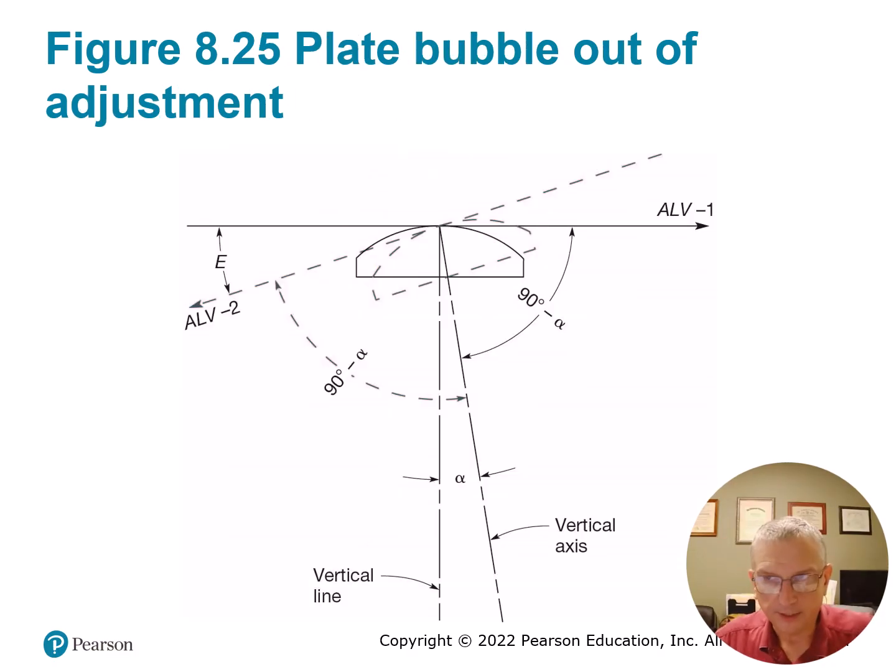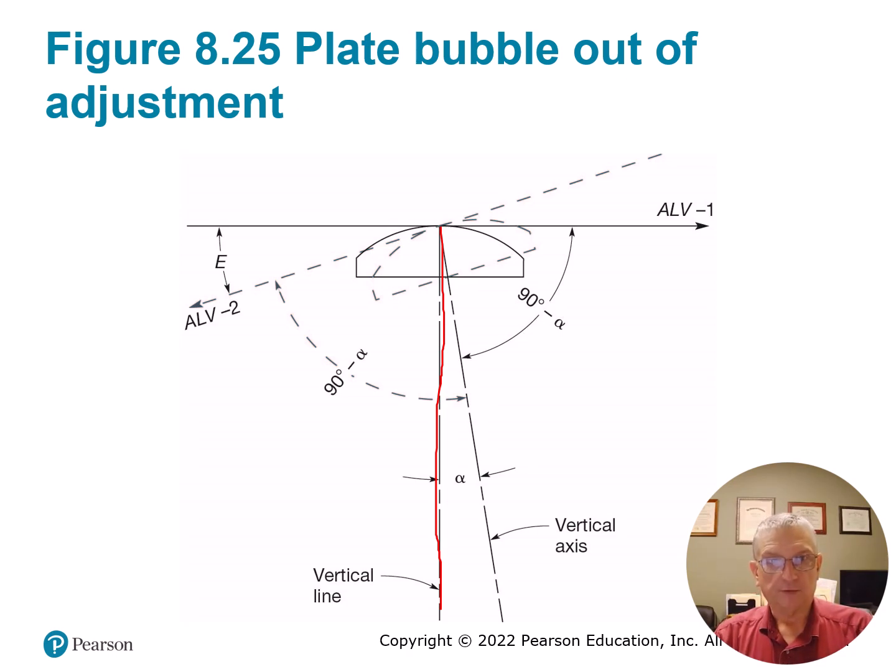The plate bubble. Now here's what we're going to talk about a little bit. If your bubble is out of alignment, it doesn't just mean that the instrument's not level. It means that your laser plummet or your line of sight for your optical plummet is not truly plumb. So let's just say this is a vertical line right here. And that's where it is, figure 8.25 in the book.